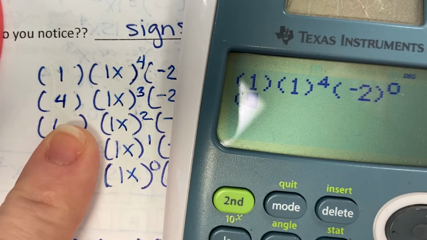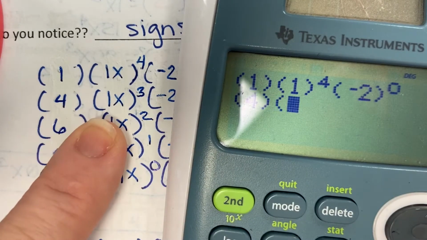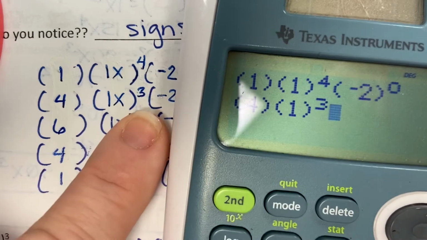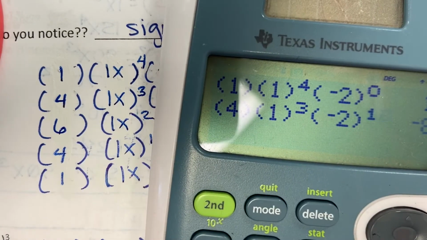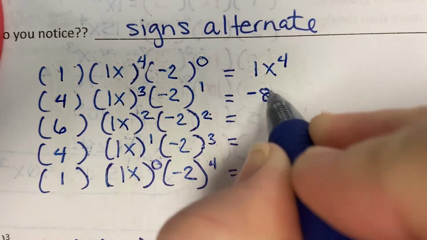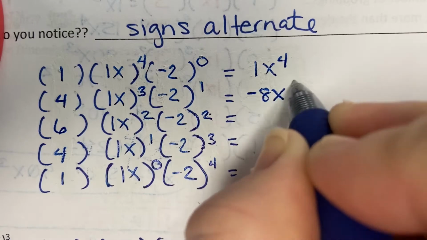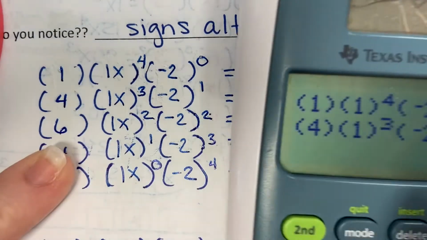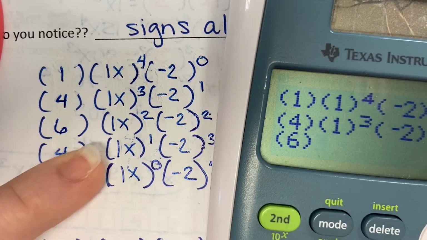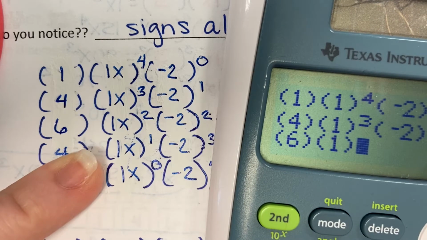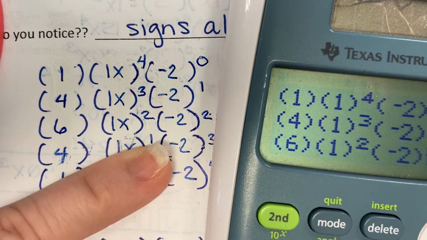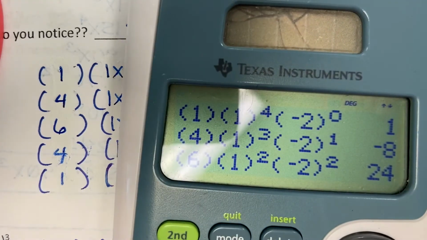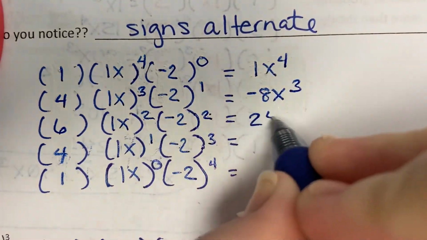So I'm going to have 4 and then 1 to the 3rd power, and then negative 2 to the 1st power. And I got negative 8. So negative 8 x to the 3rd. All right, and do it again with the 6. 1 to the 2nd power, and then negative 2 to the 2nd power. And I got 24 x squared.